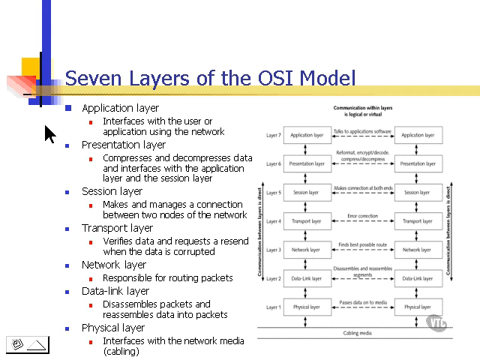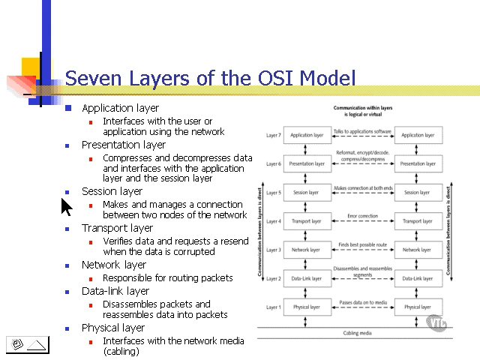At the top, where the user is, the application layer interfaces with the user or the application using the network. This is the top layer of the OSI model. Directly below this layer is the presentation layer, which compresses or decompresses data and interfaces with the application layer and the session layer.